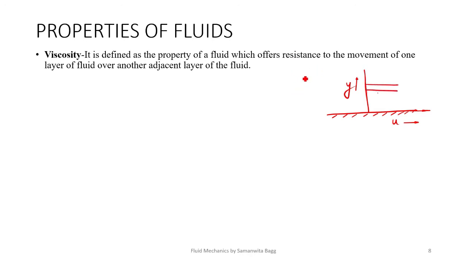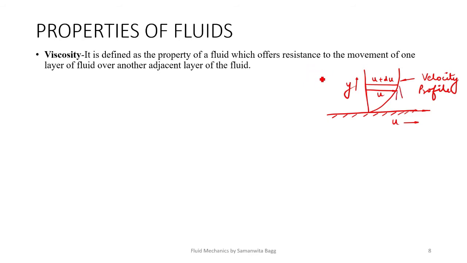This layer below has velocity u, and the layer above has velocity u plus du. Obviously it will be a little more. You can say that the velocity profile, because of these layers that I just discussed, will be something like this. It's a parabolic shape. This is called the velocity profile, the shape of your velocity change in the y direction.